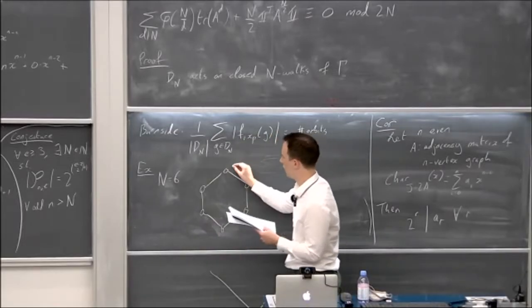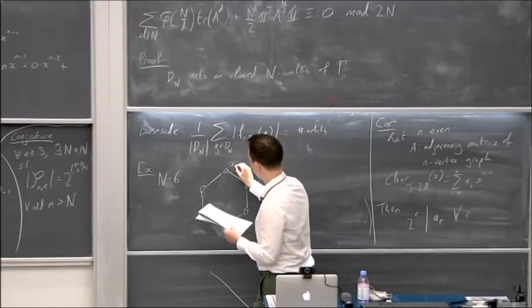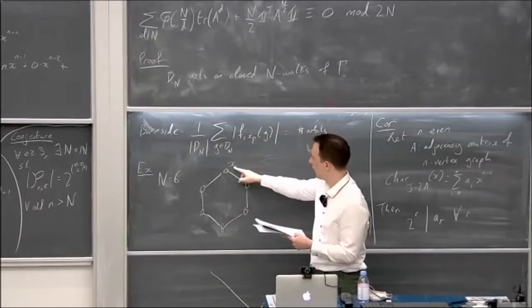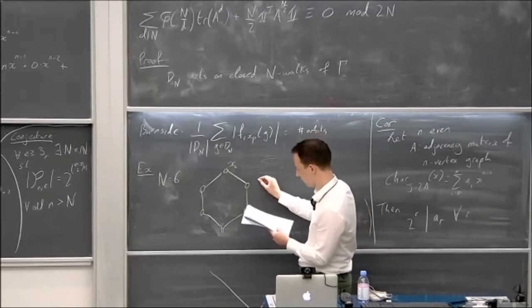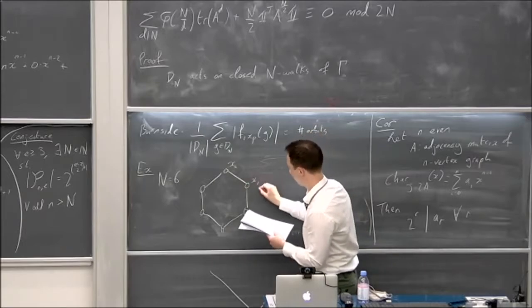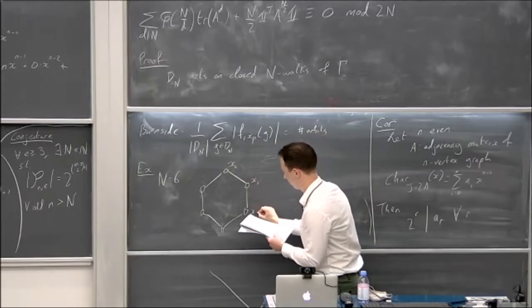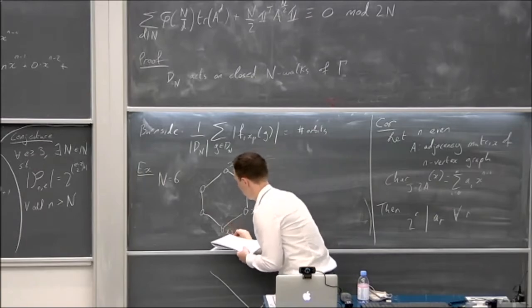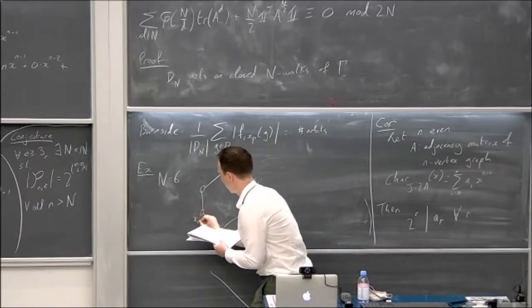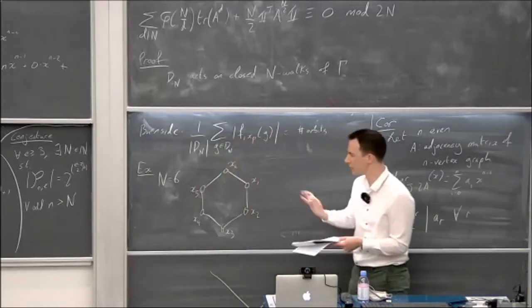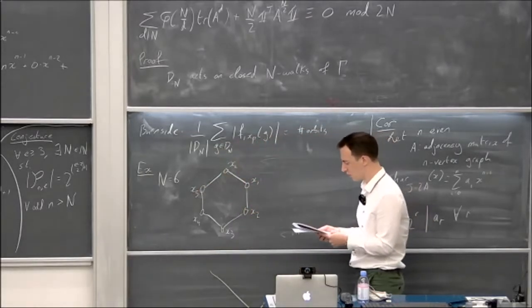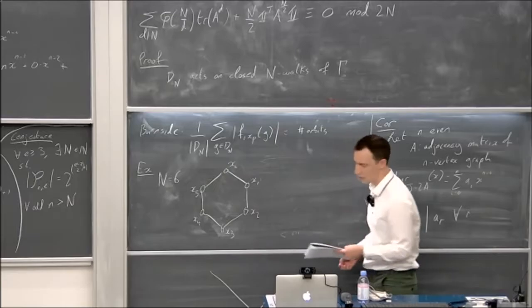Here's a hexagon, and the vertices of this hexagon are going to be labeled by vertices in some closed 6 walk. So I'll just label them x0, x1, x2, x3, x4, x5. Okay, so this is some walk in my graph.